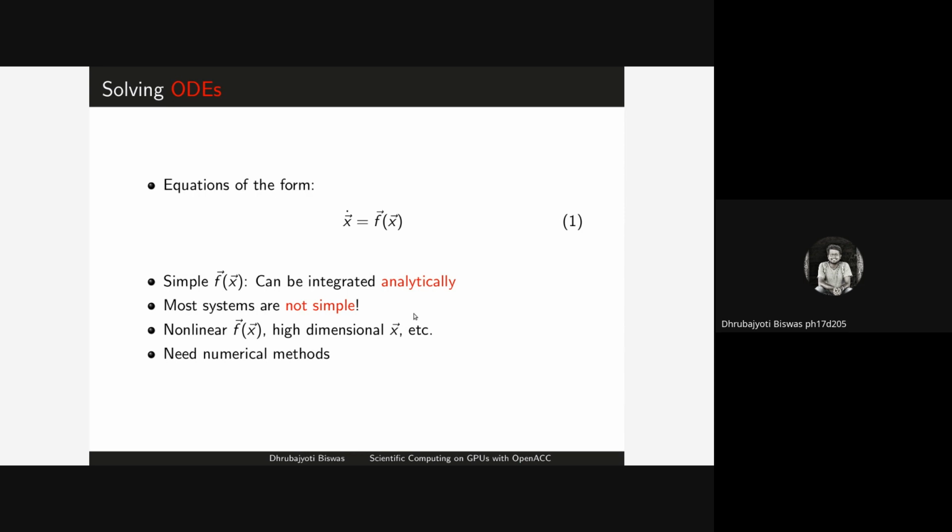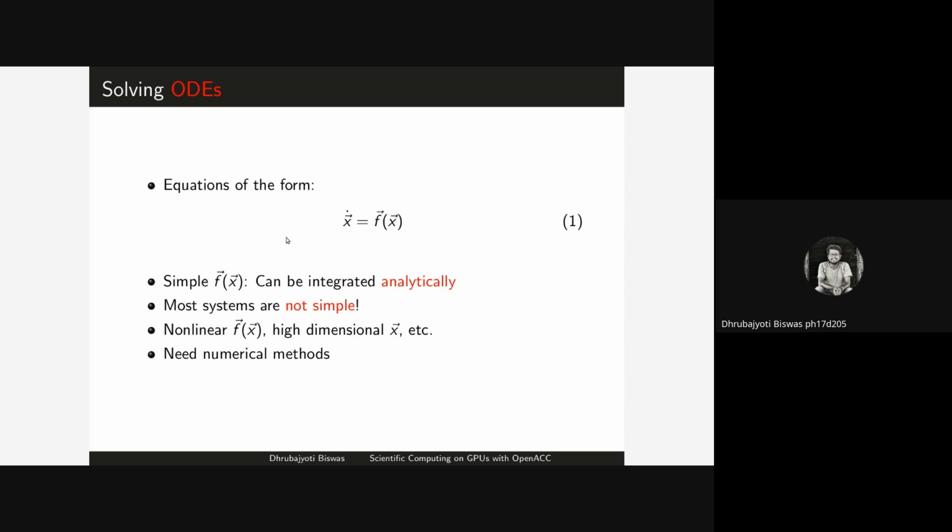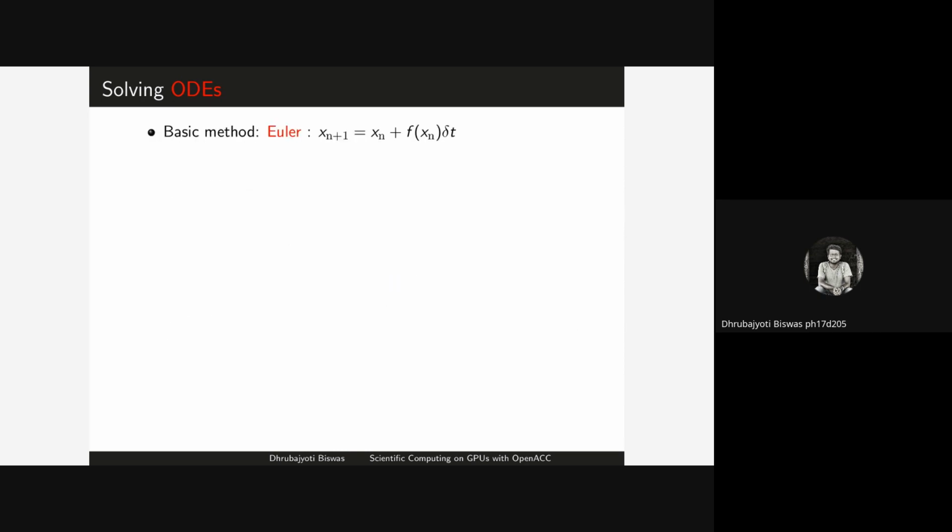So how do we do that? One of the basic methods is the Euler method. If you have that equation, x dot is f of x, and I am discussing it for the most fundamental form where x is a single variable, you can have x of n plus 1 equals xn plus f evaluated at xn multiplied with the time step.